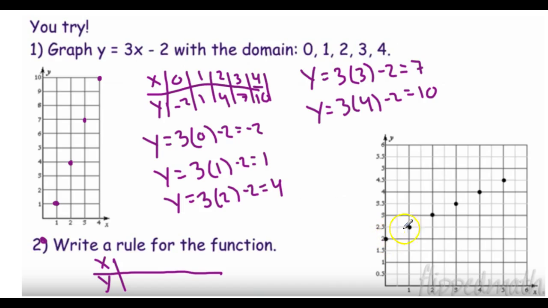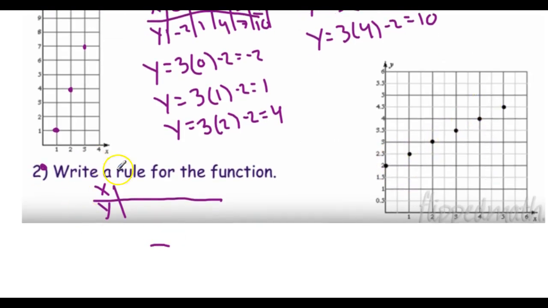How many points do we have? 1, 2, 3, 4, 5, 6 points. Let me get some space. It looks like we started with x at 0 and y is 2. The next point is x is 1 and y is 2.5. Then we've got 2 and 3.